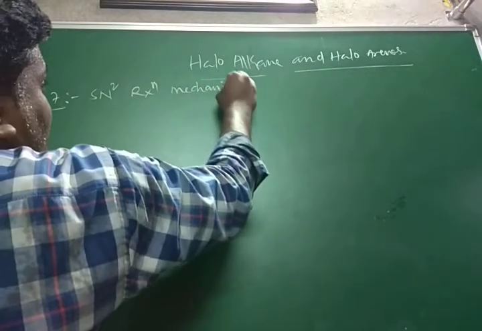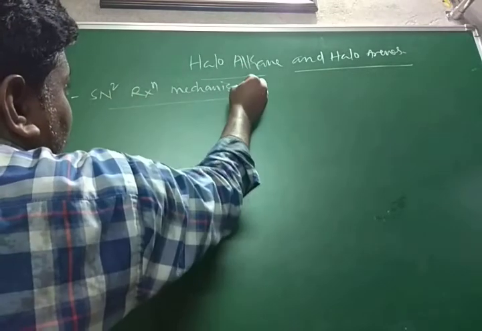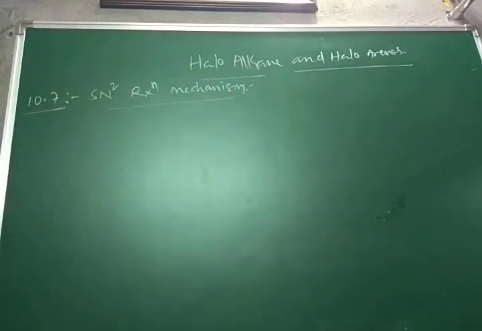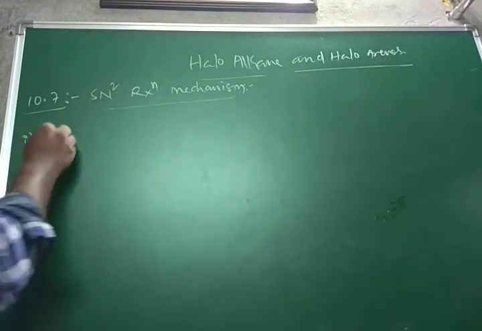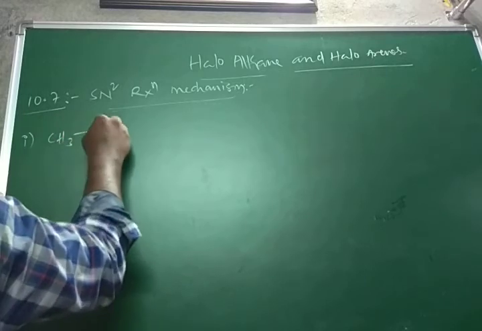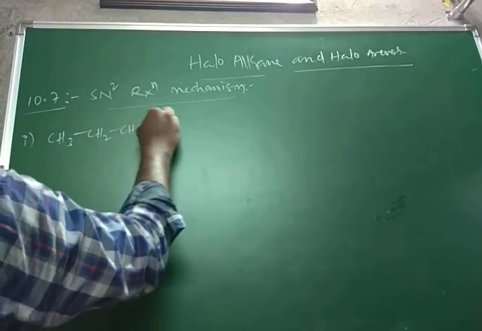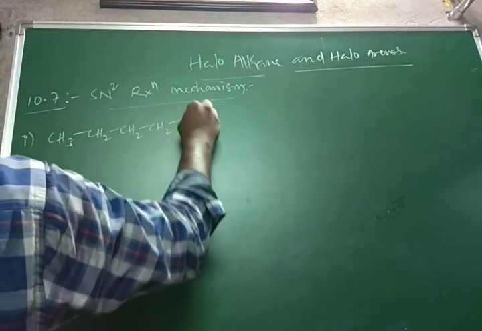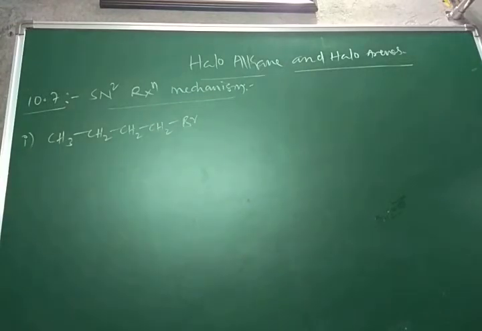SN2 reaction mechanism को identify करना है. So below, the first example is CH3 CH2 CH2 CH2 Br, that means 1-bromobutane or butyl bromide.